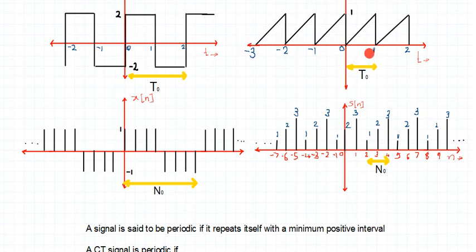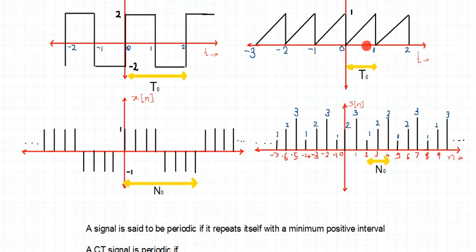Similar is the case here. If I tell you to shift this particular signal by a period T naught, how would the new shifted signal appear if we delay it, shifting the signal to the right hand side? This cycle will move and appear here. What will this cycle be replaced by?